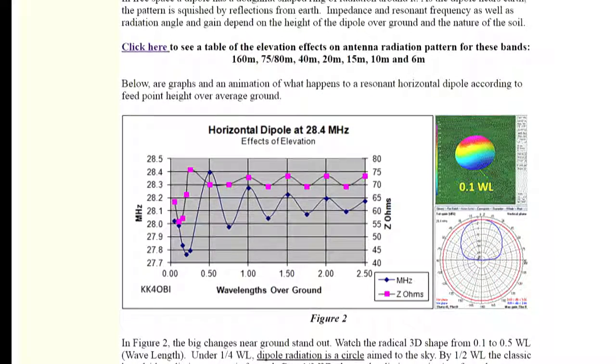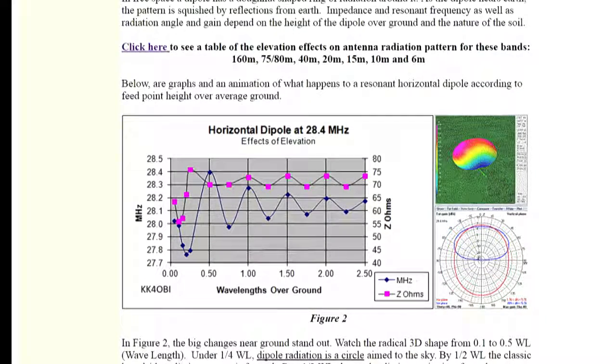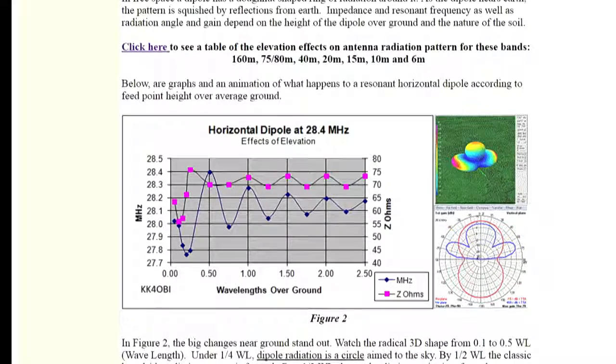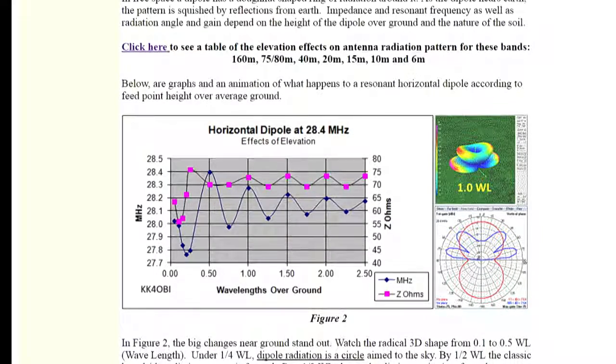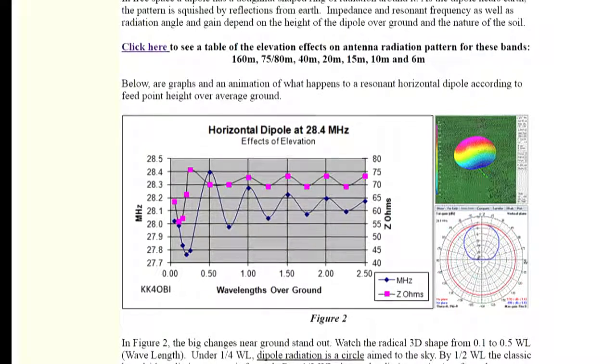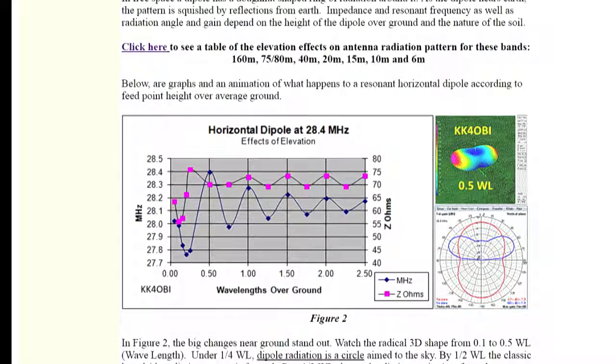And when you talk about how high you are off the ground, if you can see right there at a quarter wavelength, that's between 0.00 and 0.5, there you're looking at the highest, the purple line, that's the highest impedance, and it's the lowest frequency that piece of wire is going to have. If you want to mess around a little bit, you can find a spot right in between there where the impedance is pretty close to 50 ohms.